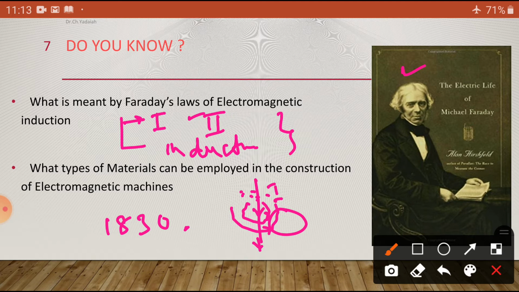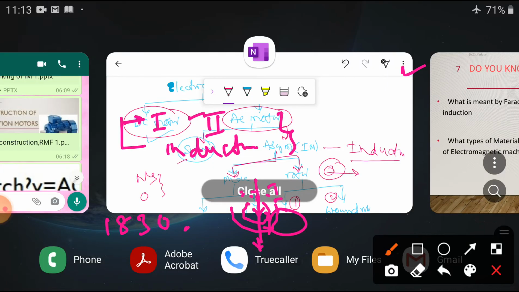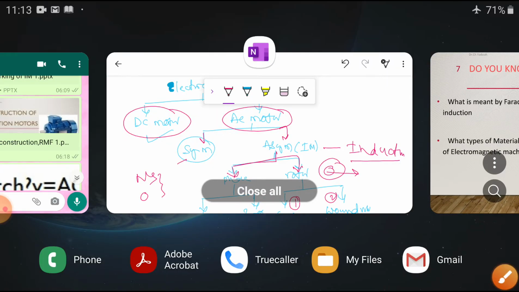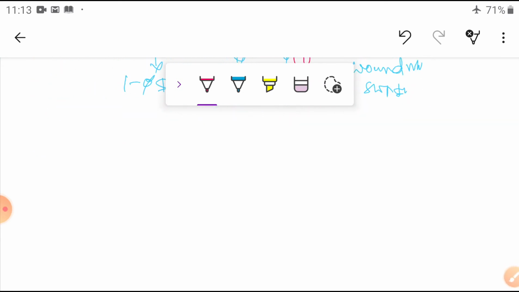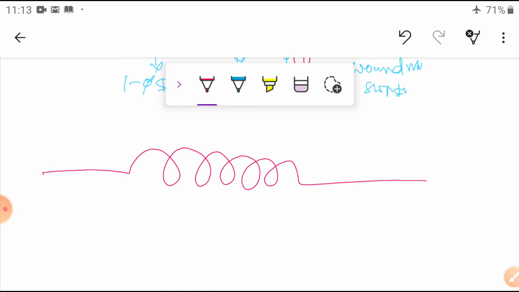If you want to see it, here you can see it. For example, this is a coil through which a current I is flowing, and it induces a magnetic field around the conductor.